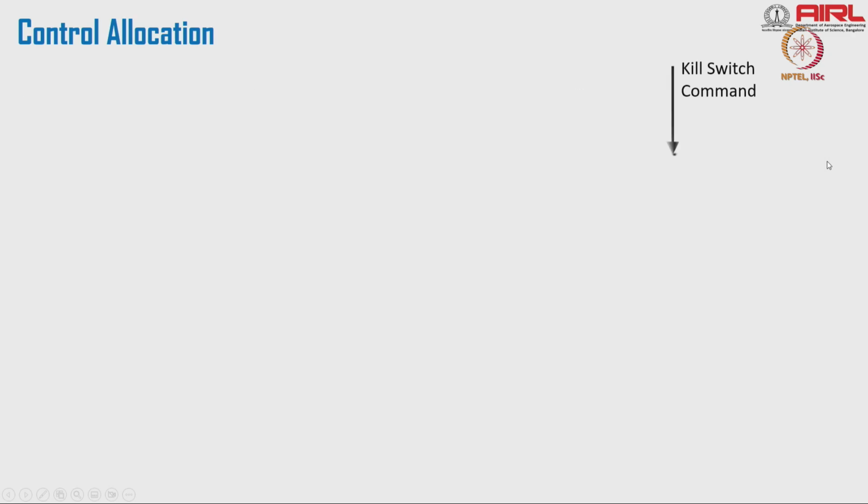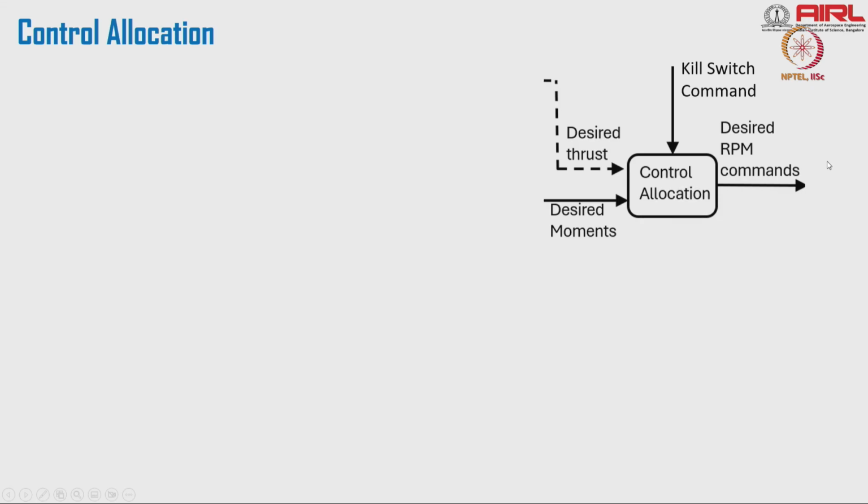Now, let's try to understand what this control allocation module does. We call this a kill switch command. If you remember, when I talked about the flight control system architecture, there is something called arm and disarm. Arm: before starting the vehicle, the user has to say the system is ready.